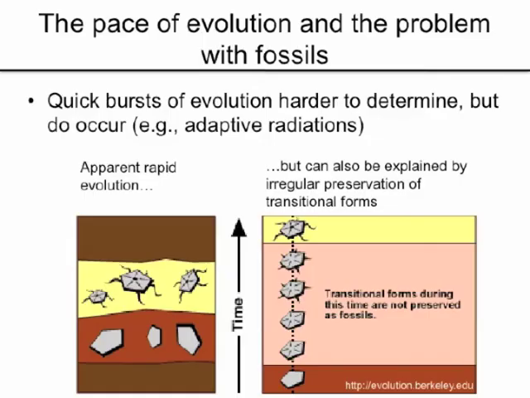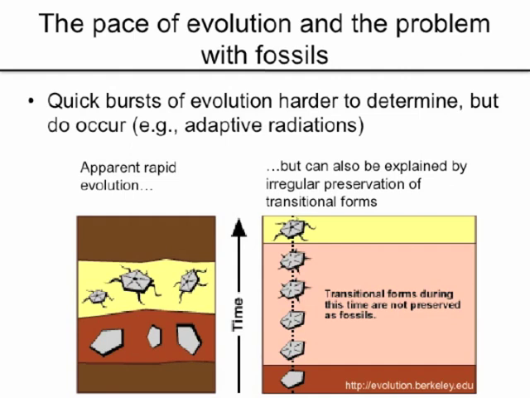However, this can be very difficult to tell by the fossil record. What we might see in the fossil record might look like a big jump, might look like we've gone very quickly from one species to another, but this can be very hard to tell because it's possible, and also very likely, that transitional forms could be lost over time.